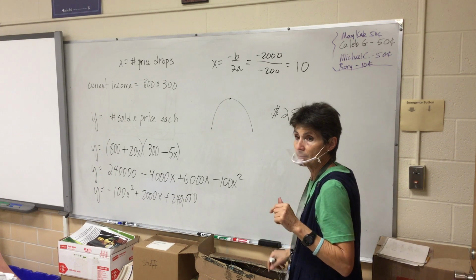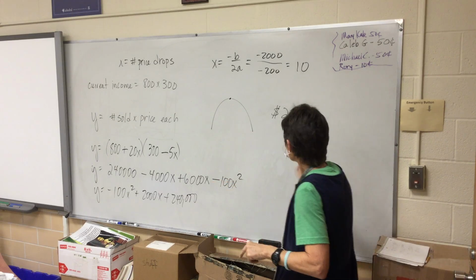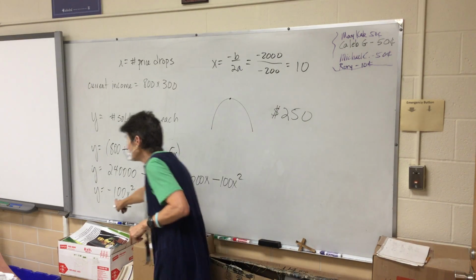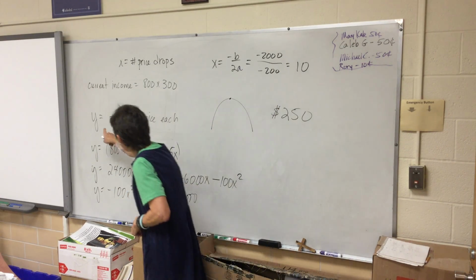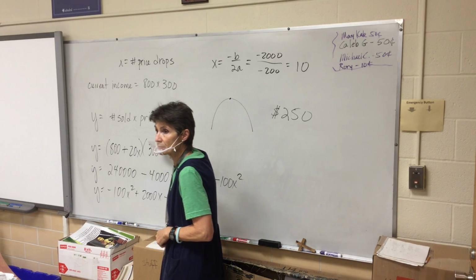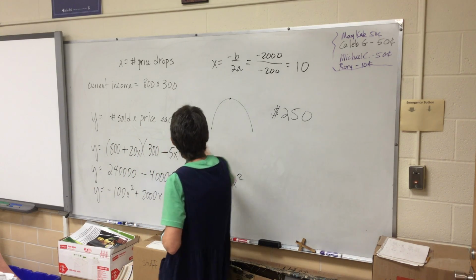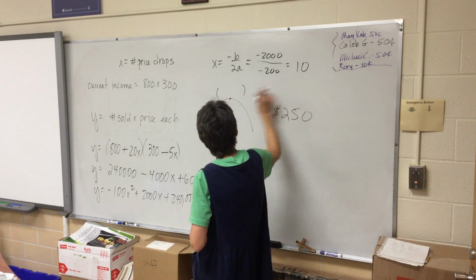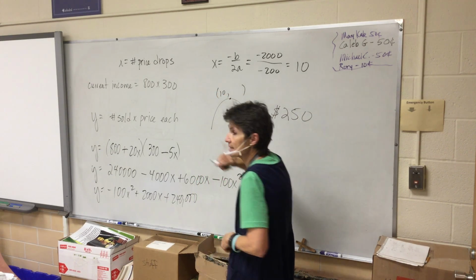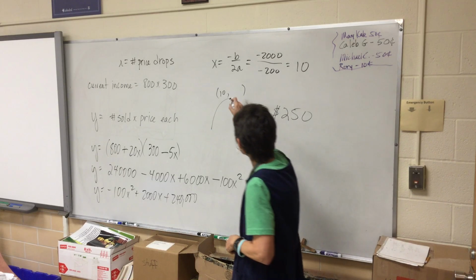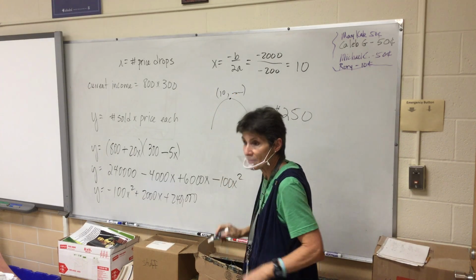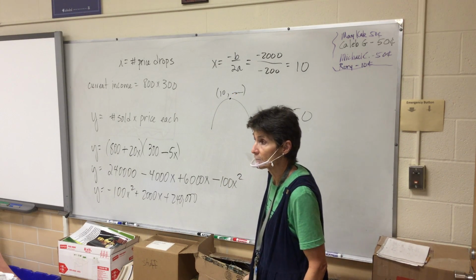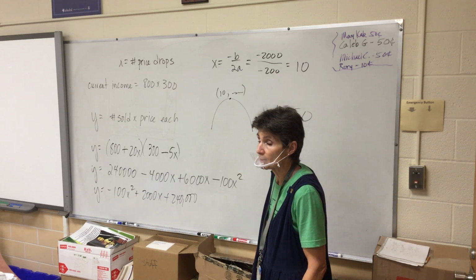How could I find my maximum income? Plug in 10 right here. Because isn't y going to give me my income? So if I just found out that the x-coordinate of my vertex is 10, and I plug that in, whatever this comes out to be, that's my actual income. That's how much money I'll actually make.